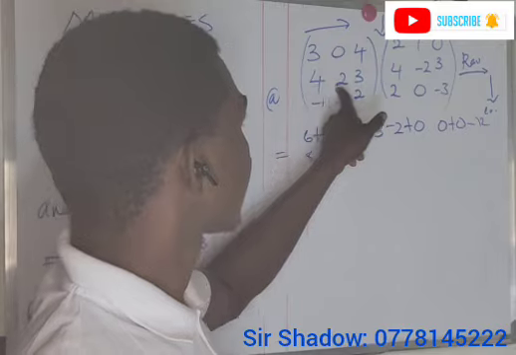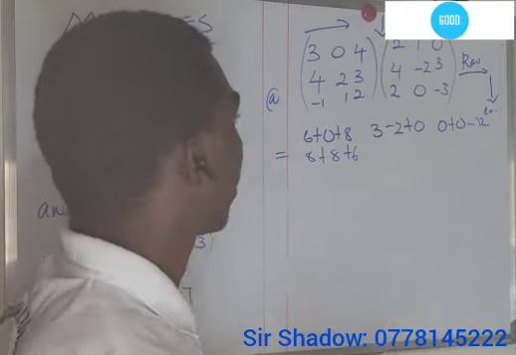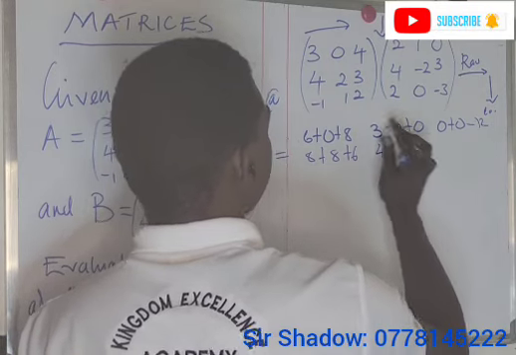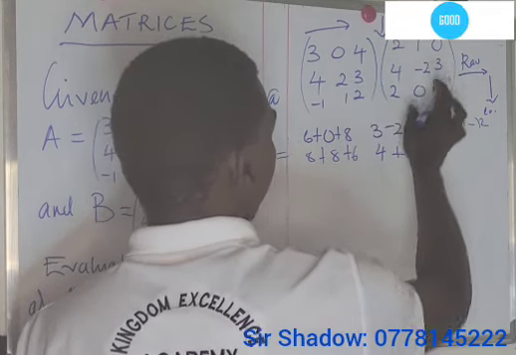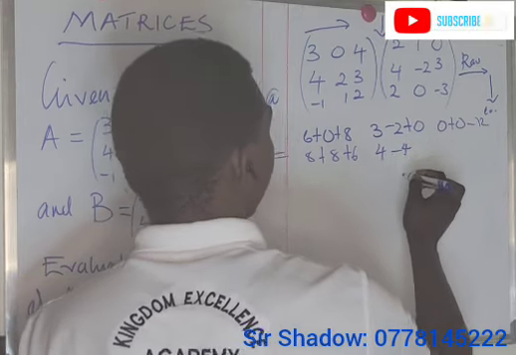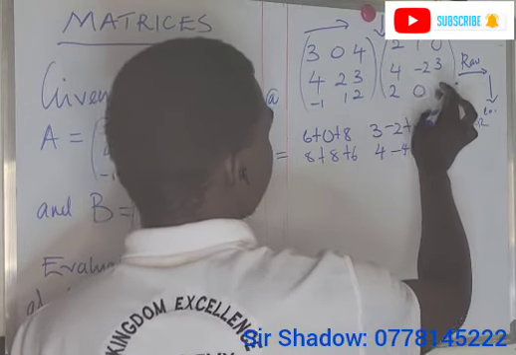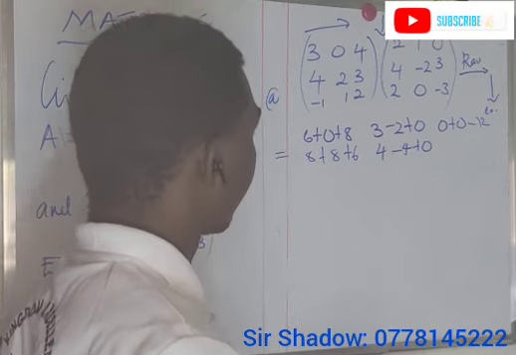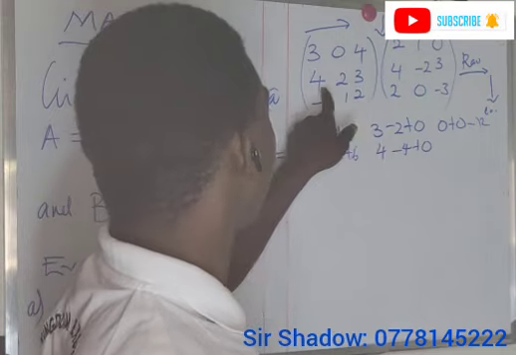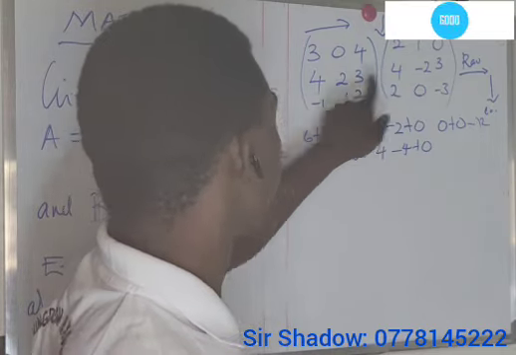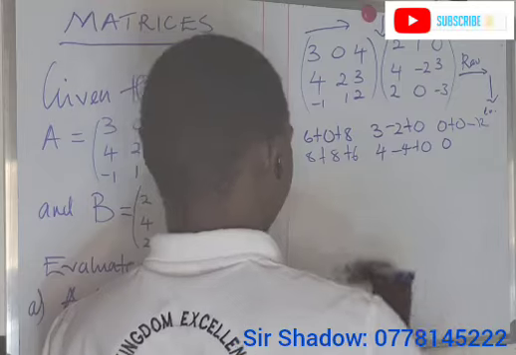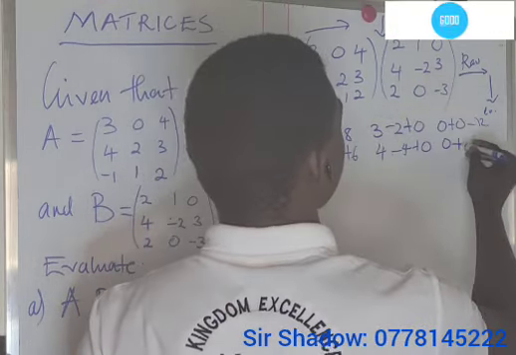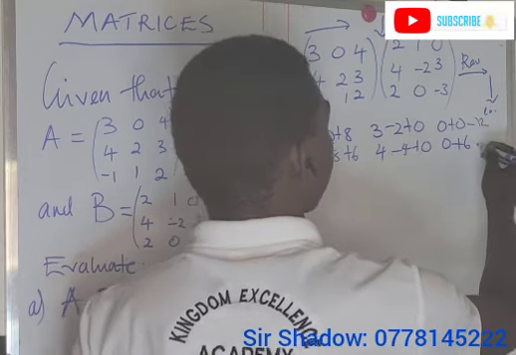Then second row times second column: 4 times 1 is 4, plus 2 times negative 2 becomes negative 4, then 3 times 0 becomes plus 0. Then second row times last column: 4 times 0 becomes 0, 2 times 3 becomes 6, then 3 times negative 3 becomes negative 9.